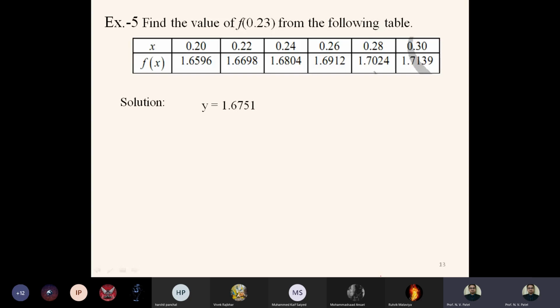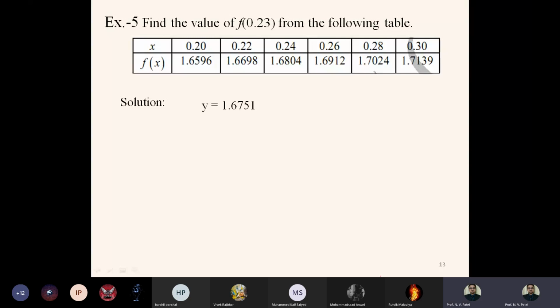Example number 5 also: find the value of f of 0.23 from the given table. So x values are 0.20, then 0.22, 0.24, 0.26, 0.28 and 0.30. Corresponding y values here are 1.6596, 1.6698 and so on.